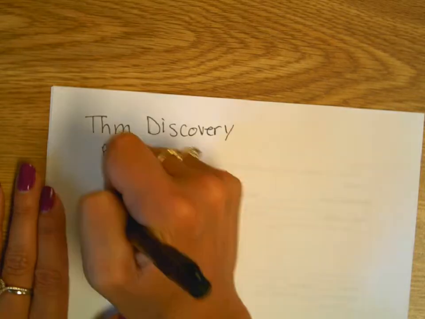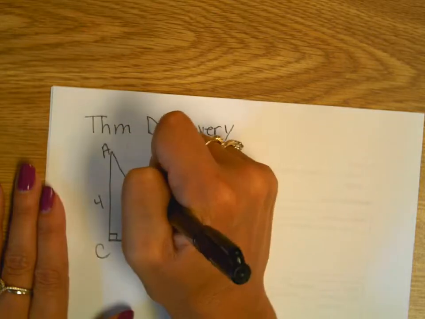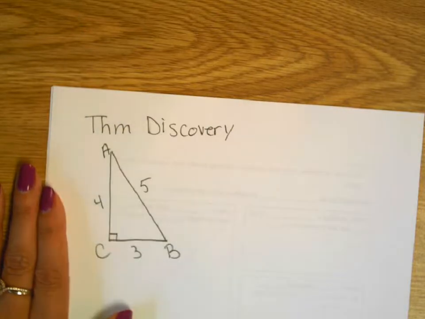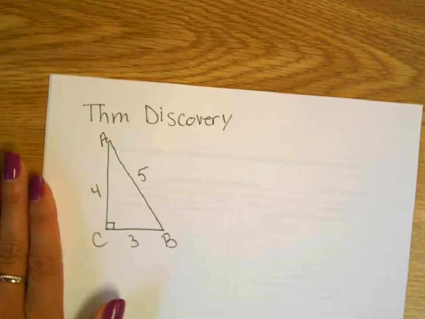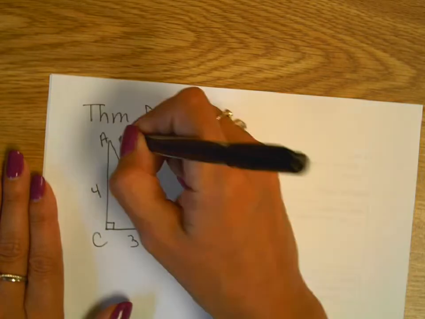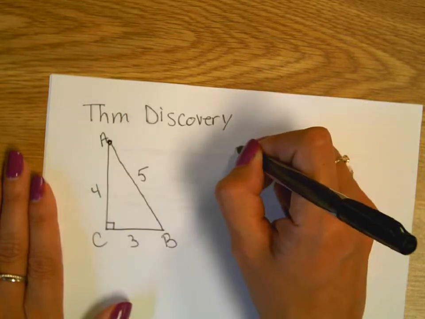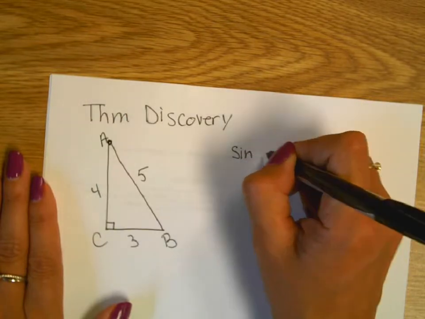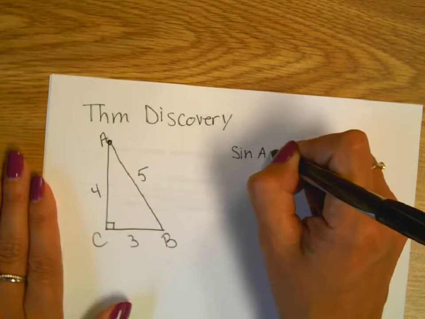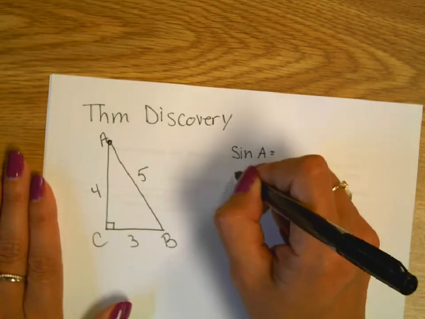Let's take our 3, 4, 5 right triangle. And we're going to look at the cofunction values. So let's stand on A, and let's do the sine of A. Actually, I'm going to have you run through all of these.